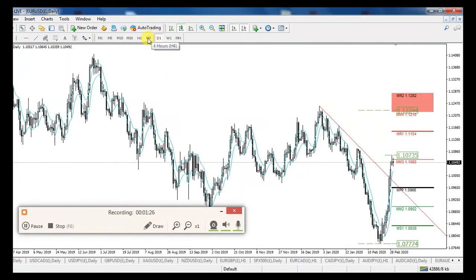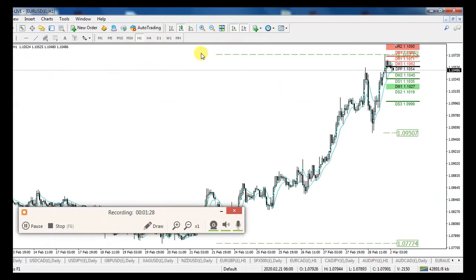So if you go to shorter time frames, let's speak on the zones.